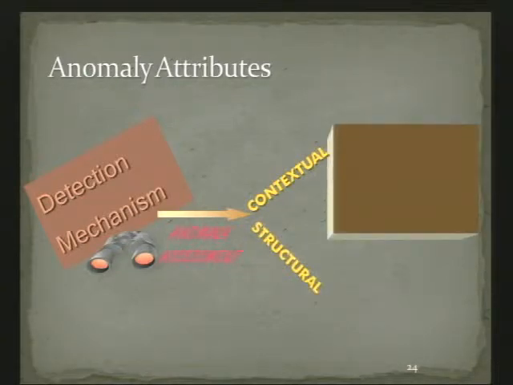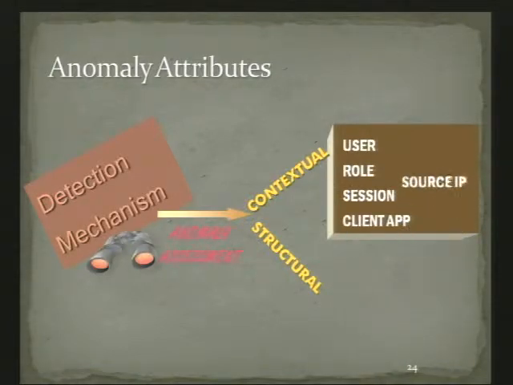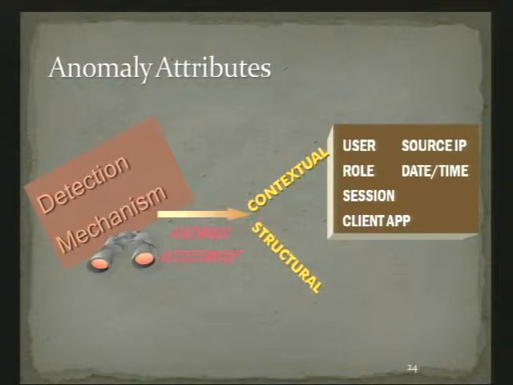Contextual anomaly attributes describe the context surrounding a particular user request, such as the user executing the request, the role or roles associated with that user at that particular time, the source from where the request is coming, and so forth.